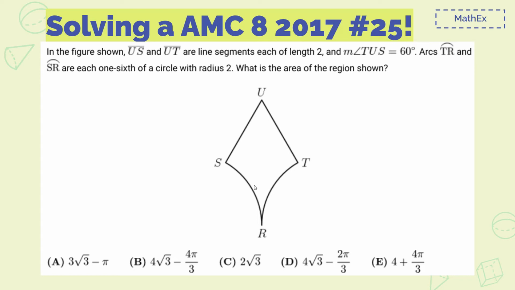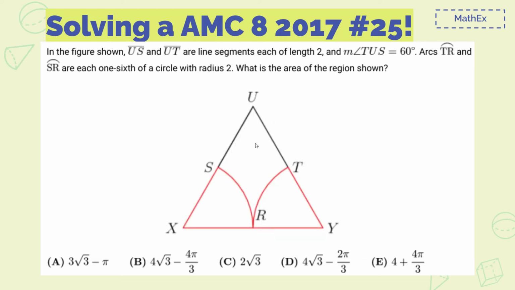So for these arcs here, we can make a triangle, like a huge triangle here. And these are going to be 1/6 of a circle each, which can combine to make 1/3 of a circle. But anyways, I want to get this ugly diagram off my face. So we get this triangle.